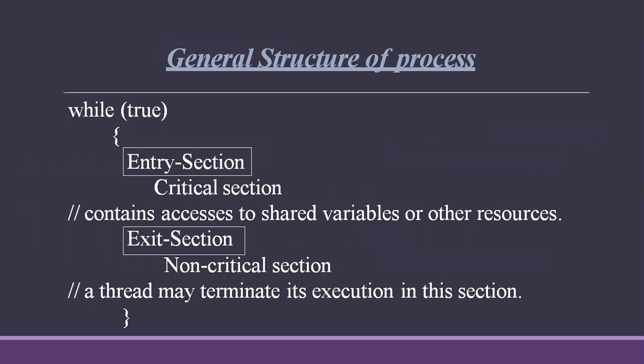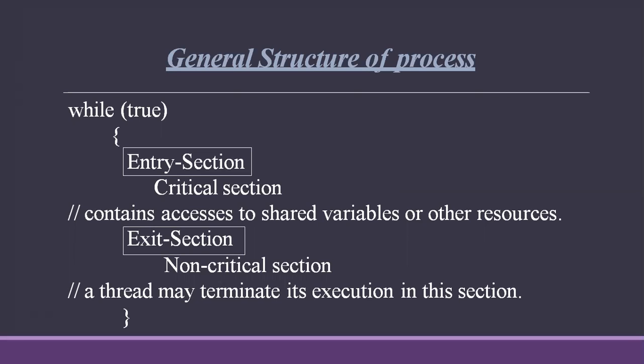This is the general structure of a process while entering into the critical section. The critical section problem is basically to design a protocol that the processes can use to cooperate.